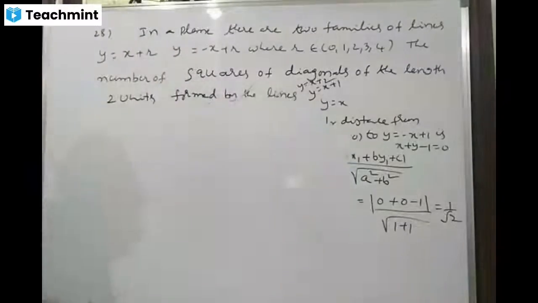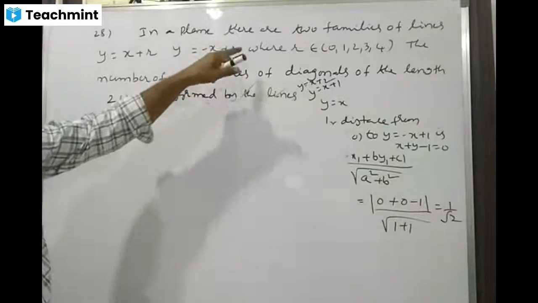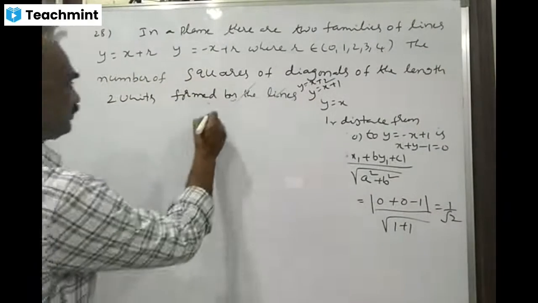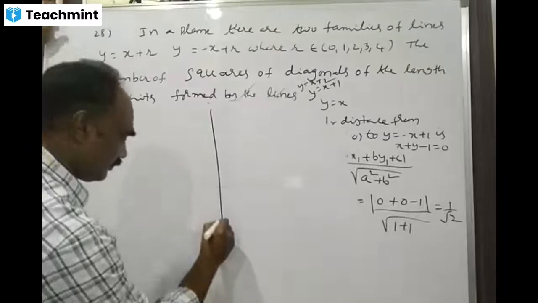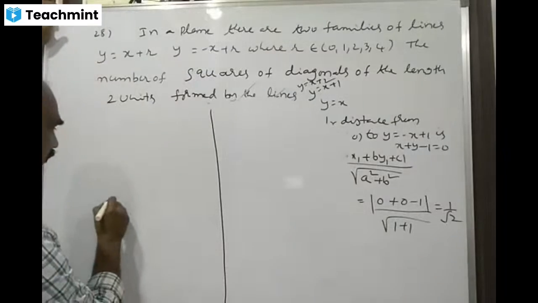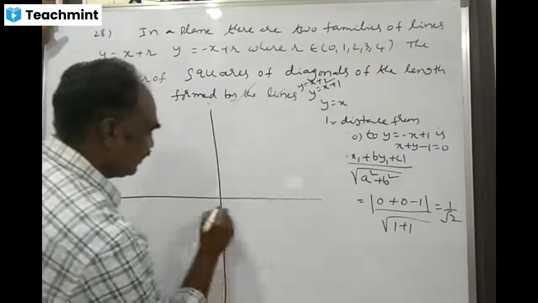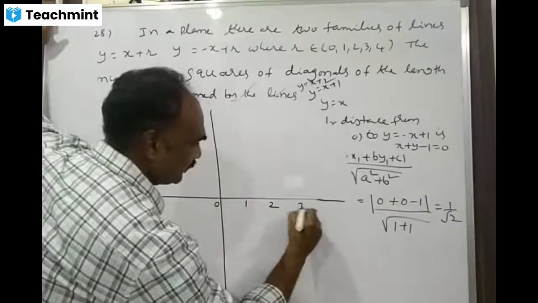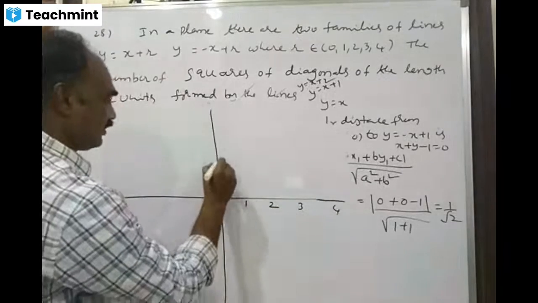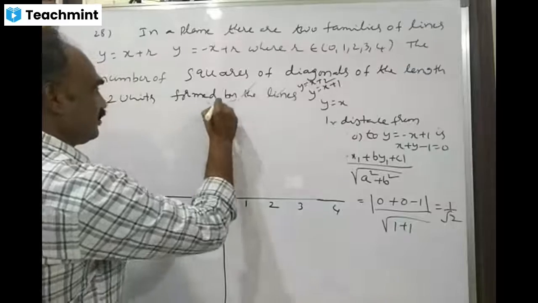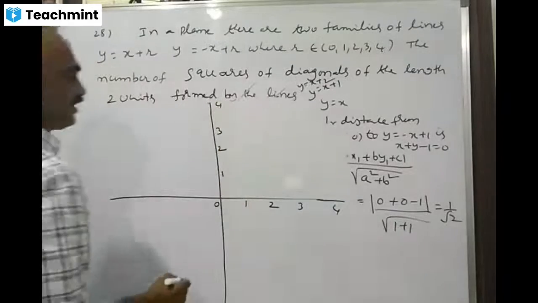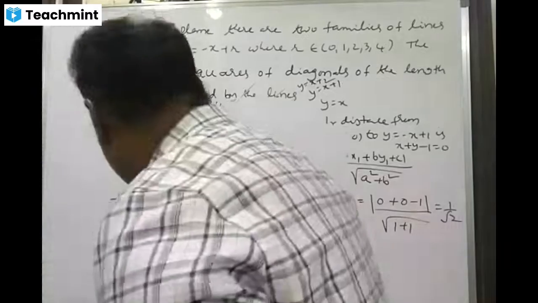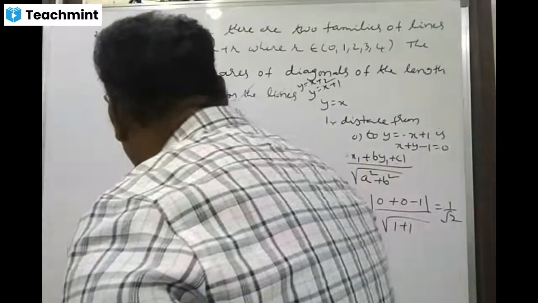So here, 2 families of lines: y is equal to x plus r, and y is equal to minus x plus r. Friends, 0, 1, 2, 3, 4. The first line is y is equal to x.